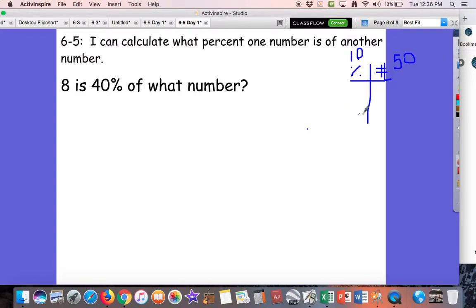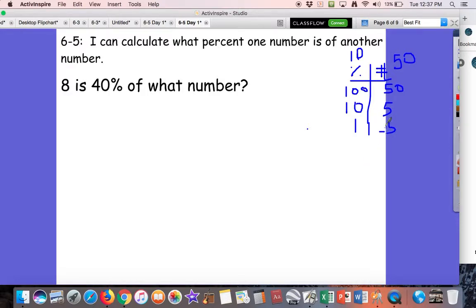And then what we did was we said, okay, what would be 100% of 50? Well, that's 50. And then we said, what would be 10% of 50? And then we would move the decimal place over 1, and we get 5. Then we said, what's 1% of 50? And that would be 0.5, because we're moving the decimal point over.